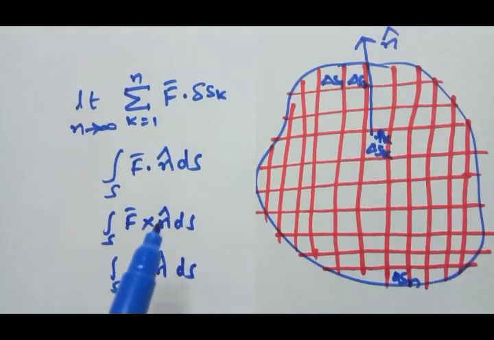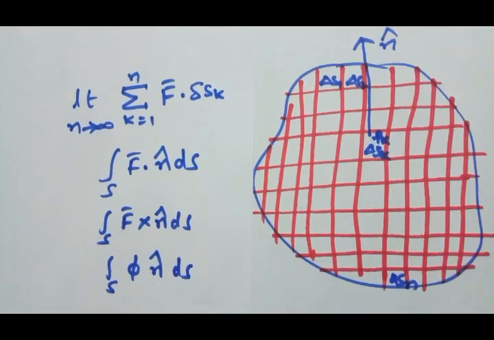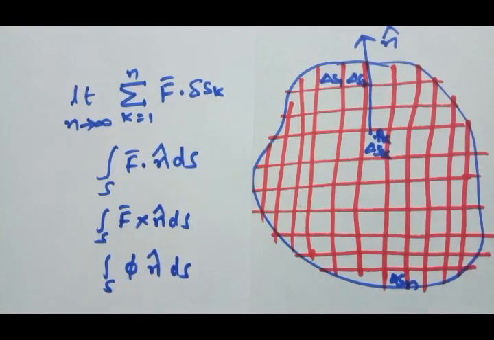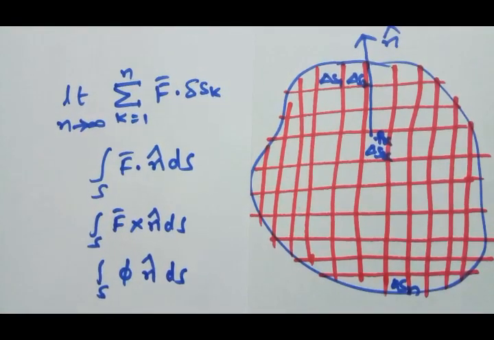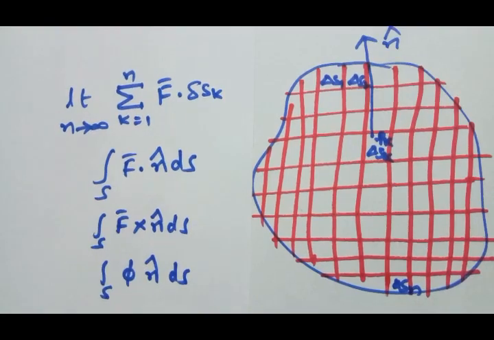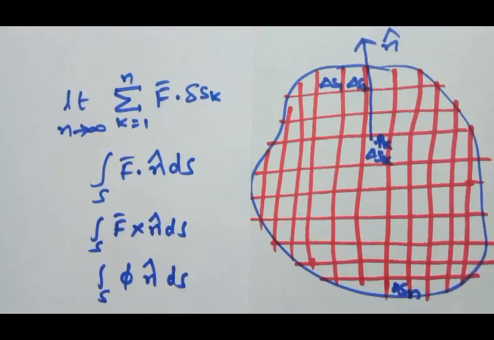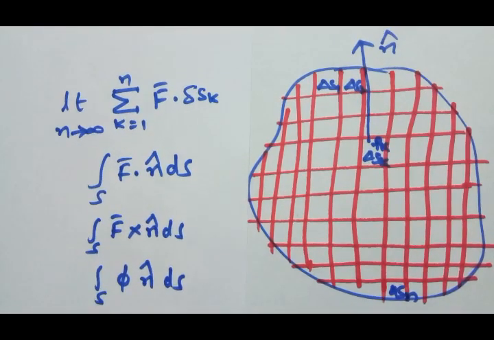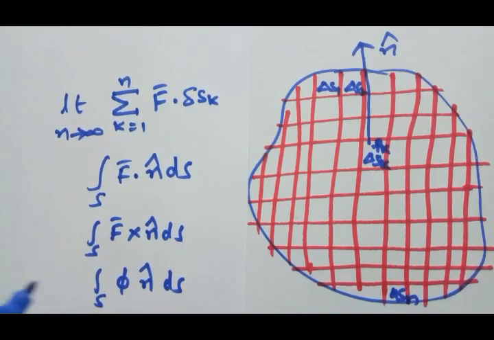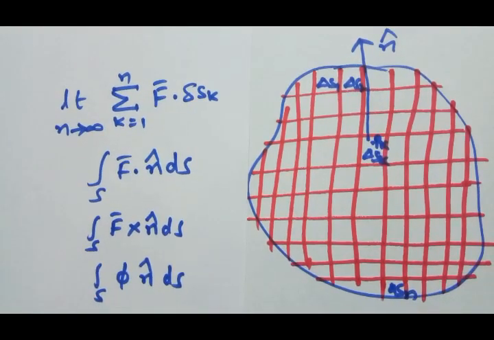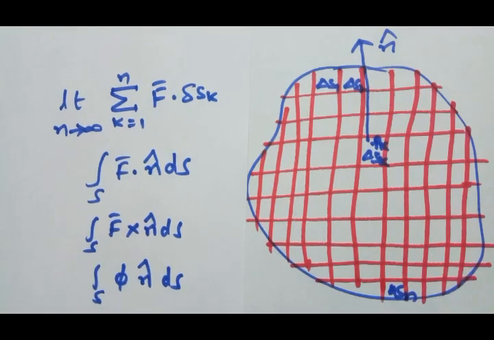And if S is a closed surface, then this surface integration of a vector point function f bar along the closed surface is called flux across the surface S. If the flux along every closed surface S becomes 0, then the vector f bar is said to be a solenoidal vector.